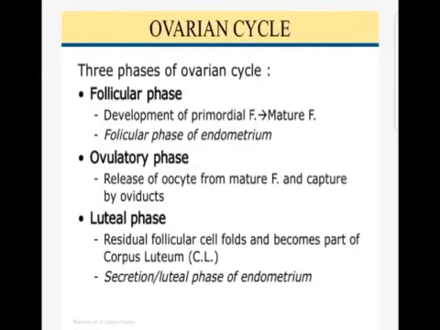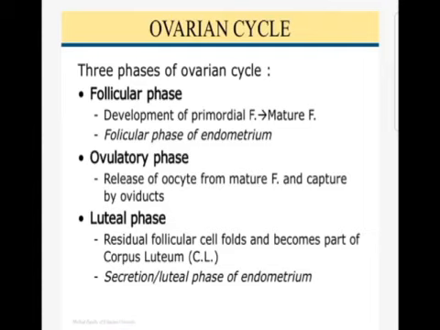During the ovarian cycle, there are changes in the ovary as well as changes in the uterus. The follicular phase of the ovarian cycle gives rise to the development of the primordial follicle into the mature follicle, and at the same time there is the follicular phase of the endometrium.